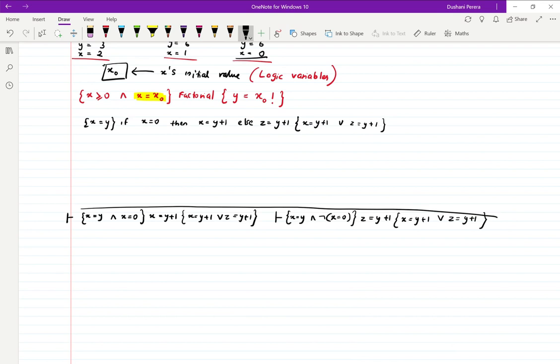Now what do we do? We apply the assignment rule. X equals y plus 1 or z equals y plus 1, e over x, x equals e, Q. Same thing comes here.